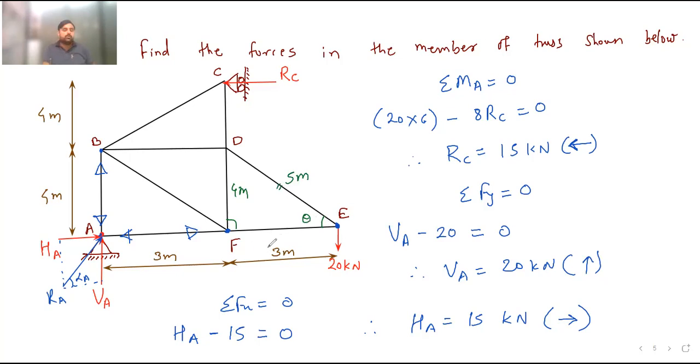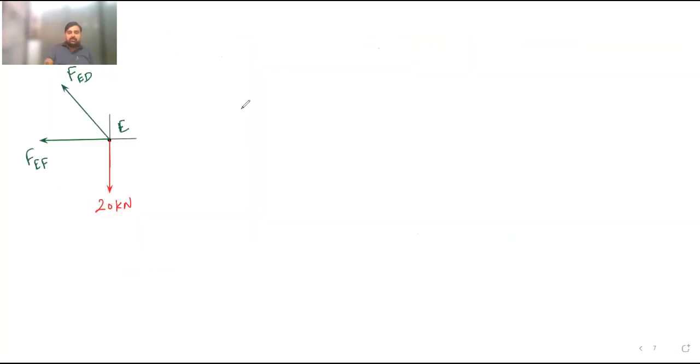You know the Pythagoras theorem. So tan of theta is equal to 4 by 3. Therefore, theta is equal to, what is the answer? 53.13 degrees.